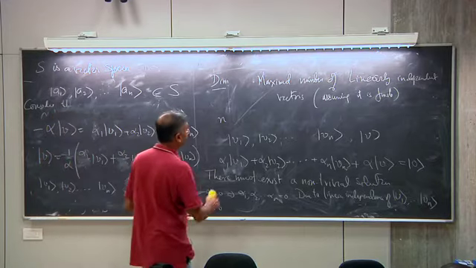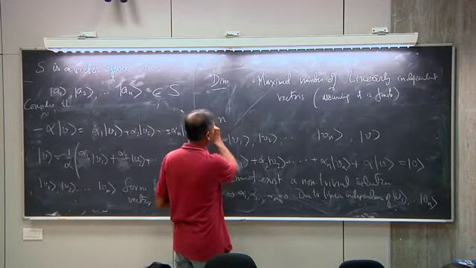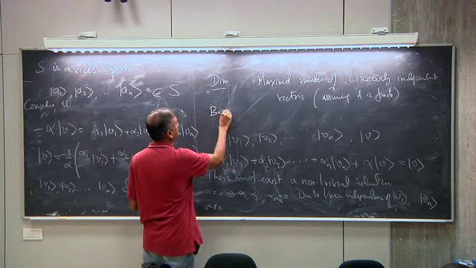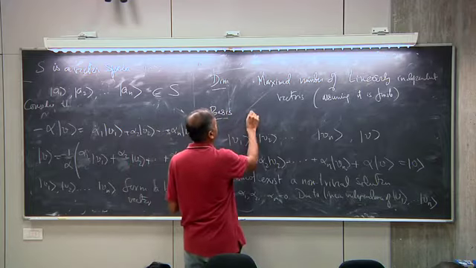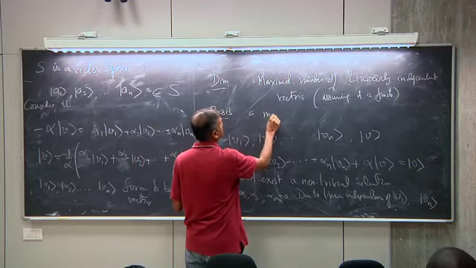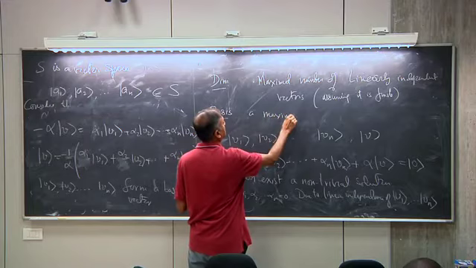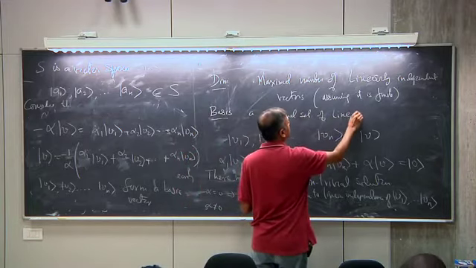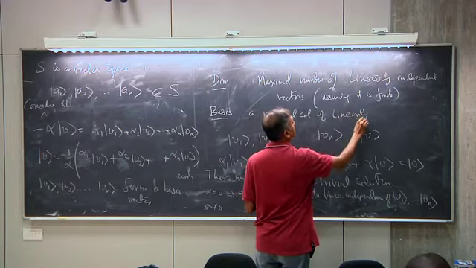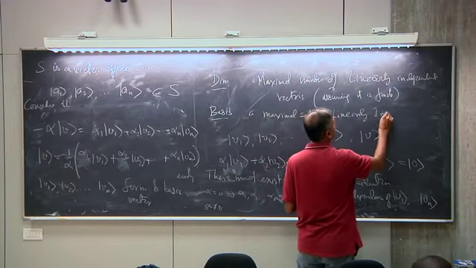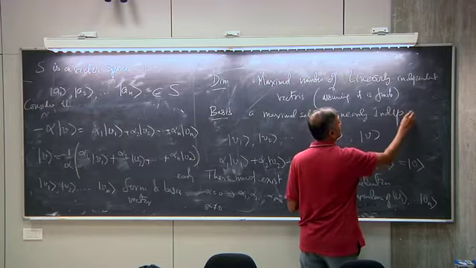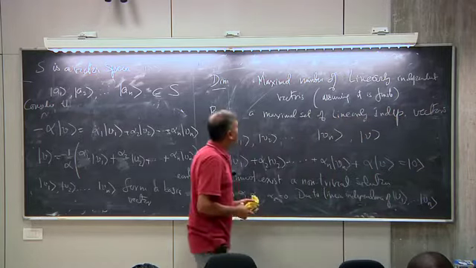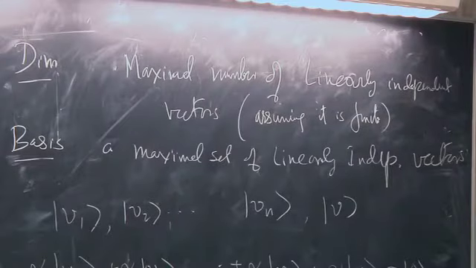Okay, so this is a definition. The basis is a maximal set of linearly independent vectors.